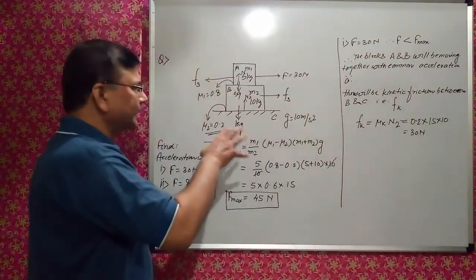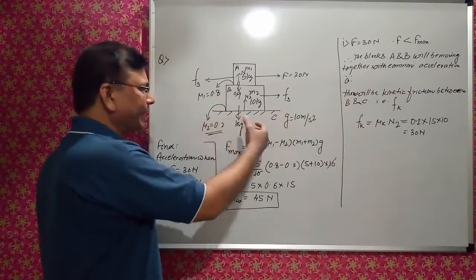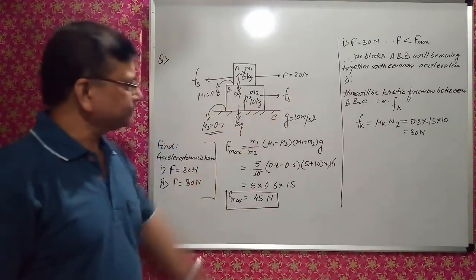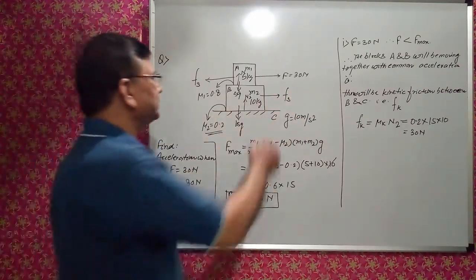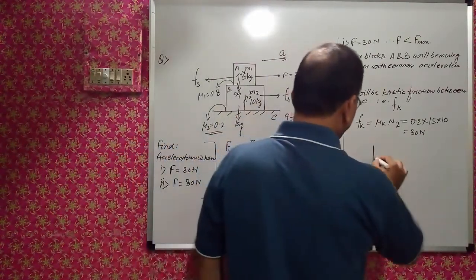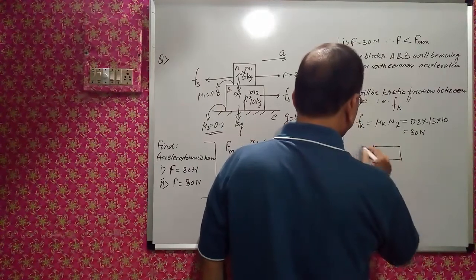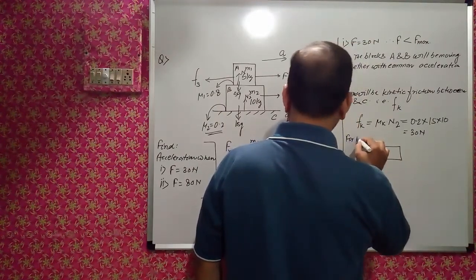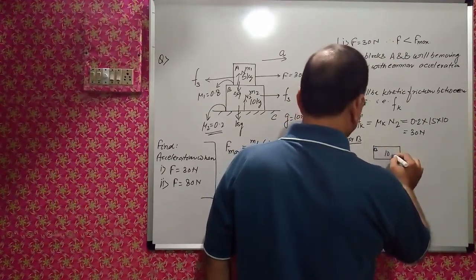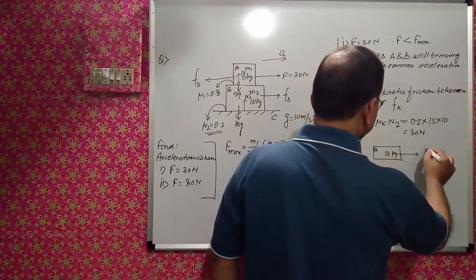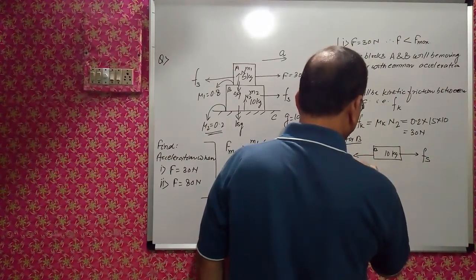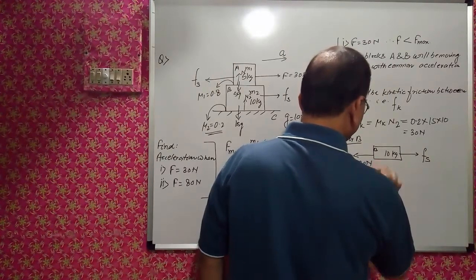Means this 30 Newton is backward force, Fs is working in this direction, and this is creating an acceleration A. So if we are making FBD of B, this is B, this is 10 kg, here Fs is working, and here it is backward force Fk, that is equal to 30 Newton.